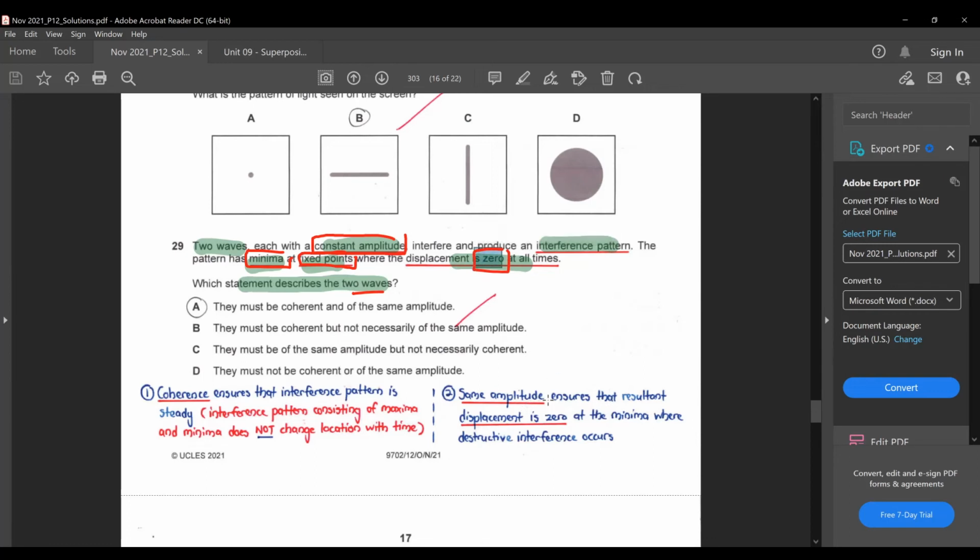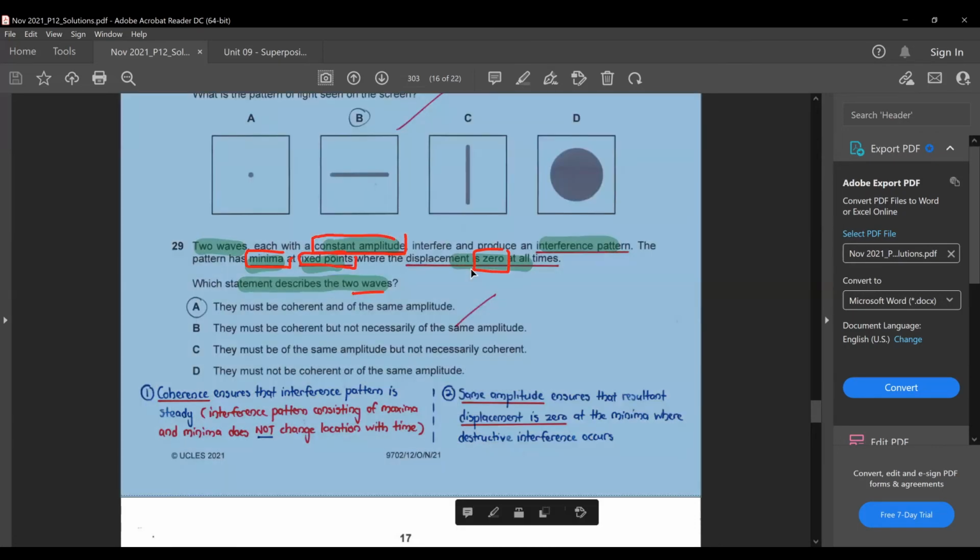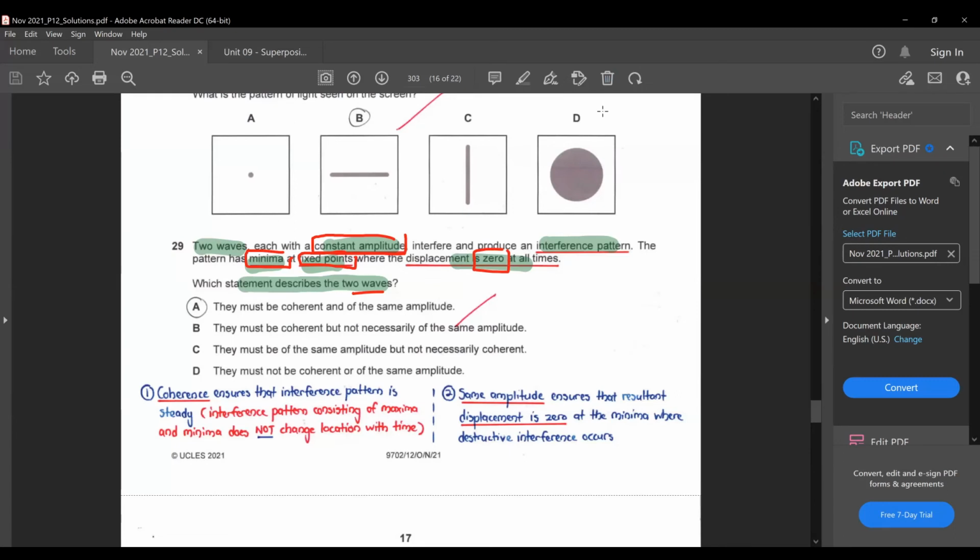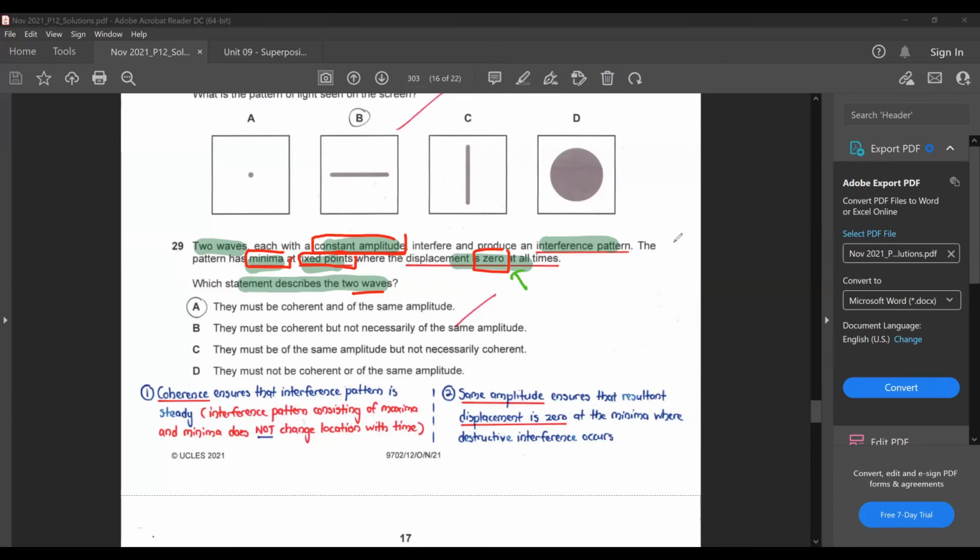If they tell you that the displacement is zero, that would mean that the waves must be of the same amplitude in the first place. Okay? Here, to put it simply, displacement is zero.